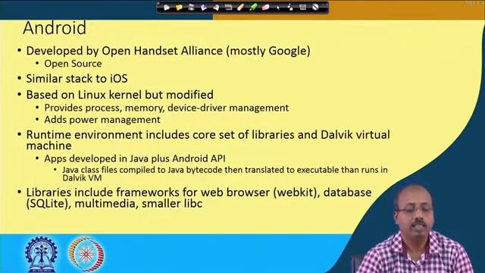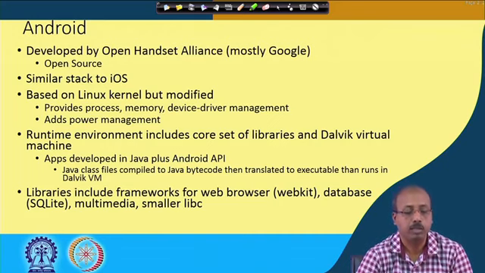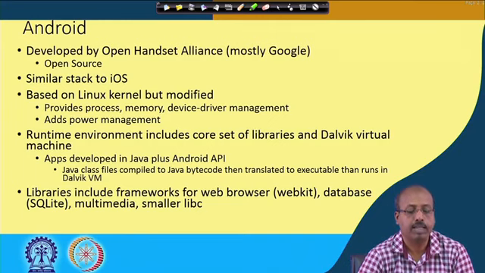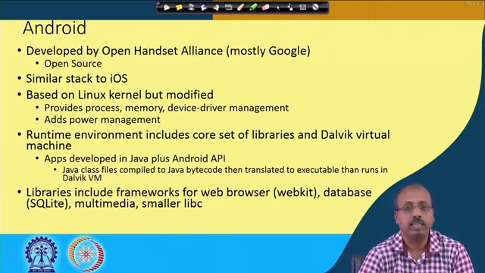Android, as we know, is developed by the Open Handset Alliance, mostly by Google. It is open source, with a stack similar to iOS. The Android OS stack is also like that, based on the Linux kernel, but modified. It provides process, memory and device driver management, and it adds power management.